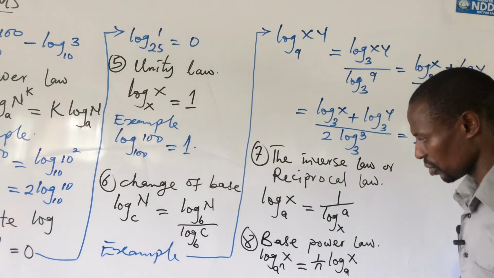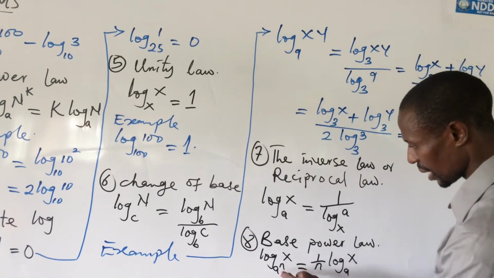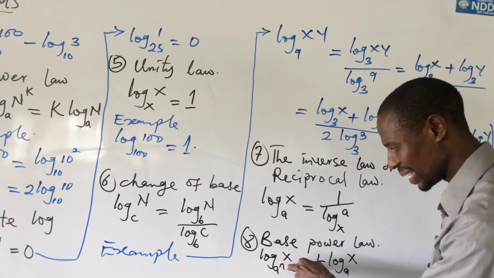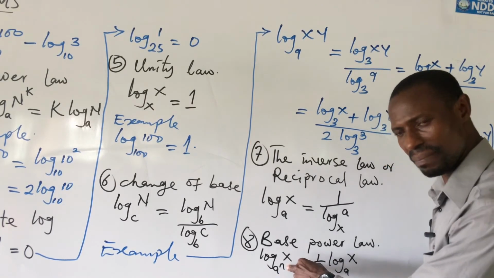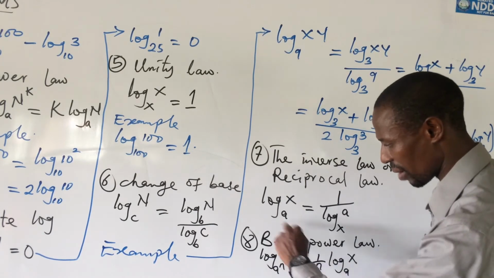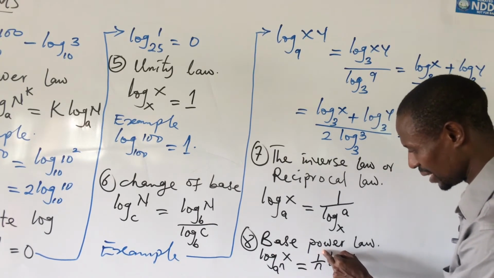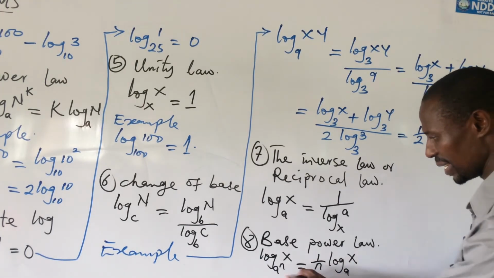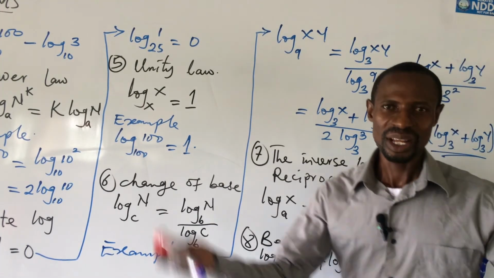The base is carrying a power. Take this power back, then divide it into 1. So we have 1 all over n log x base a. Very easy.